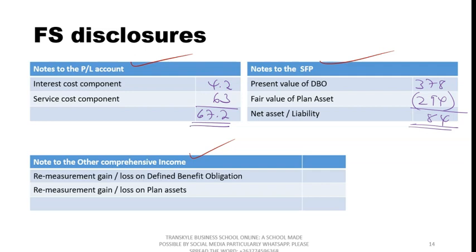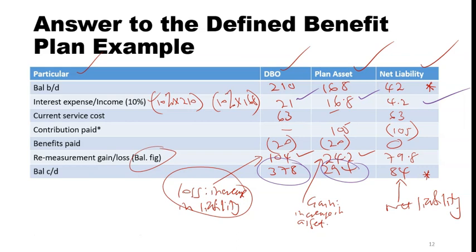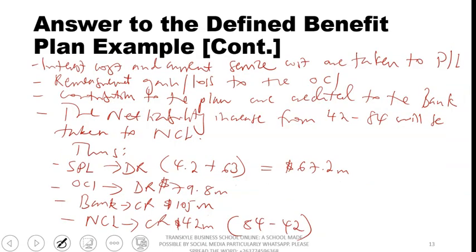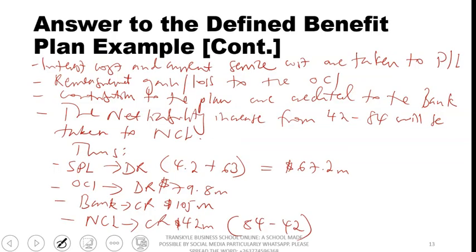Okay, then we have the notes to the other comprehensive income section. All right, so the remeasurement gain or loss on the defined benefit obligation was how much? This was 104. Okay, so we slot in the figure 104, and the remeasurement gain or loss on the plan asset was how much?